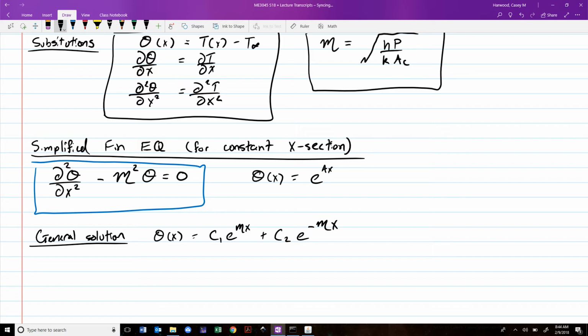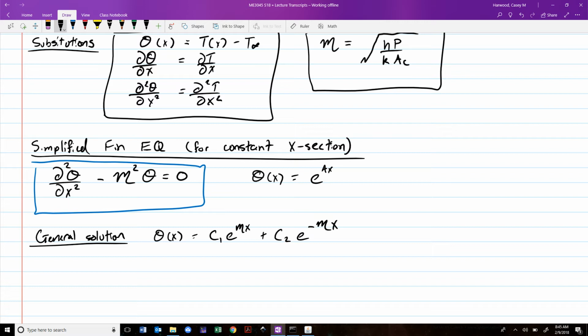In other words, we've said that either a equals positive m or a equals negative m, and either one of those would work. The solution can be formed from any combination of those two, which is why we end up with these two unknown constants, C1 and C2.